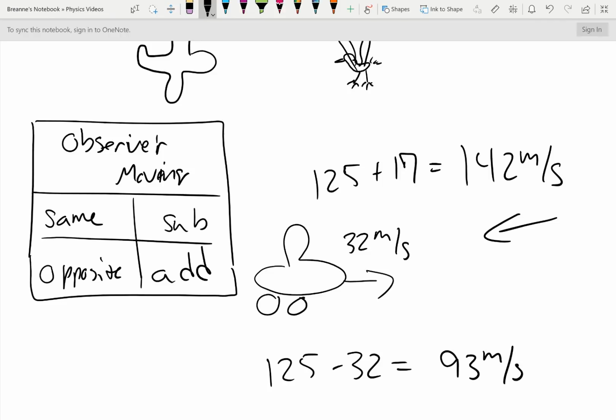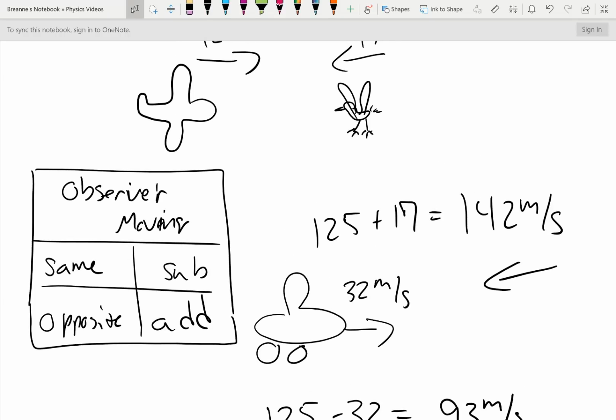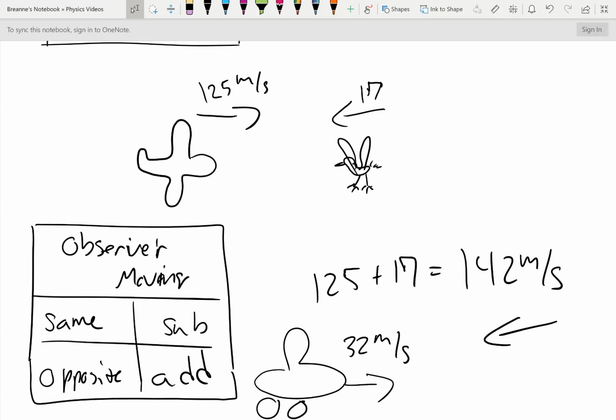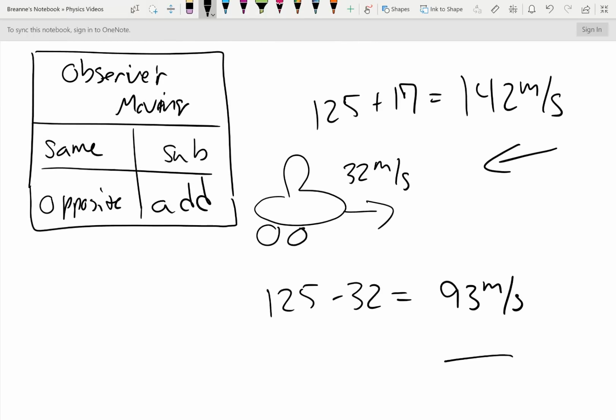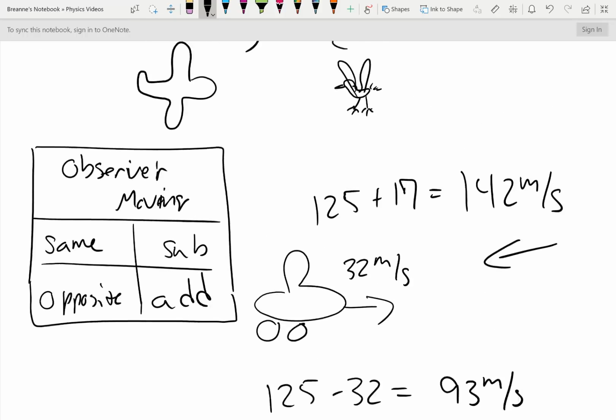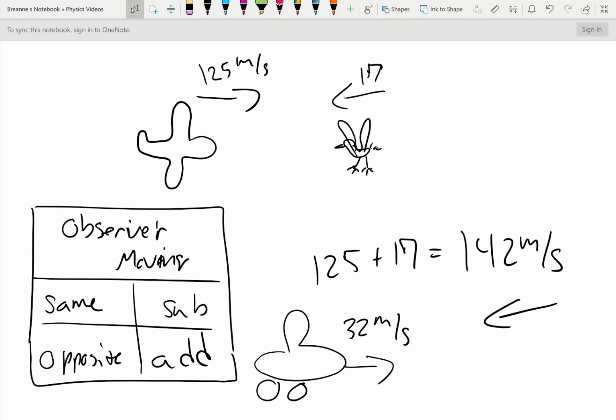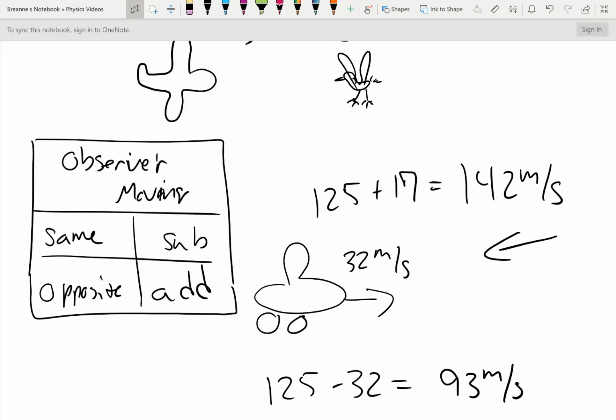Now the direction. When it's asking which direction the car is going relative to the plane, well, the plane's going faster, right? So the plane is going to pass the car. So it seems like the car is going in this direction compared to the plane, because the plane is pulling away from the car.